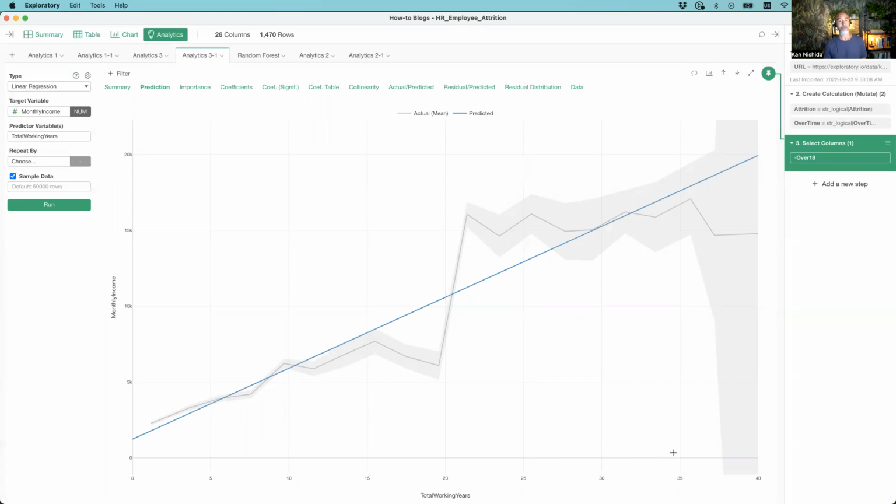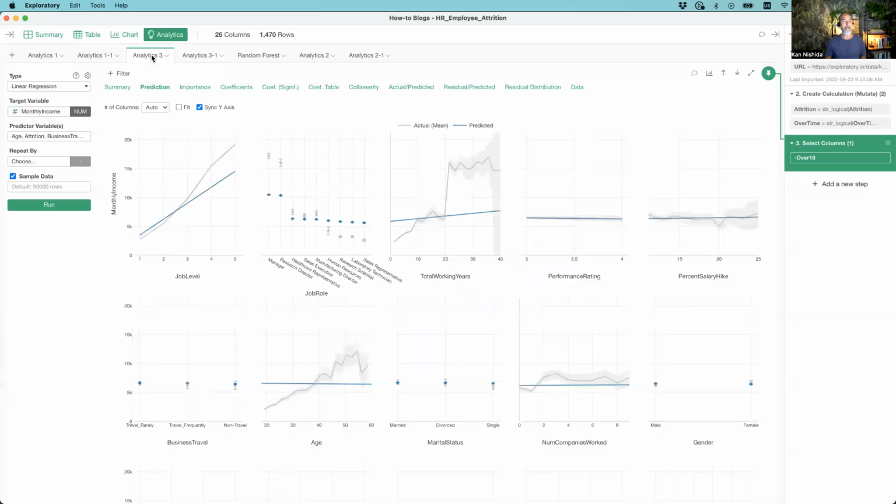These people tend to have job level 4 or 5. Or maybe the job role is manager or research director or something. That means this line is not really reflecting just the total working years, it's carrying other information. But when we did the multivariate analysis, that means we actually made other variables constant. And then what happens if only the total working years change?